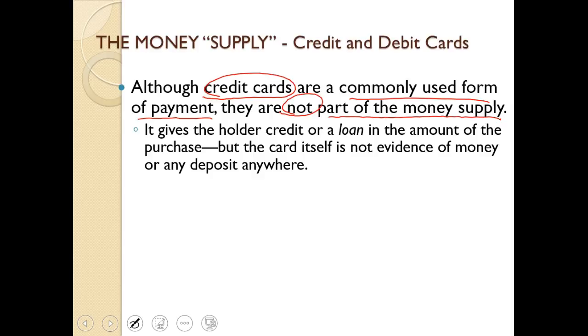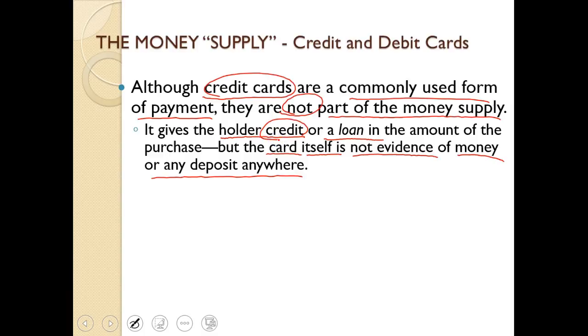Why is that? Because it gives the holder credit, a loan in the amount of the purchase. But the card itself is not evidence of money or any deposits anywhere. You have a loan of this amount, whatever the purchase with that credit card was. It's a loan. It is credit on your account.